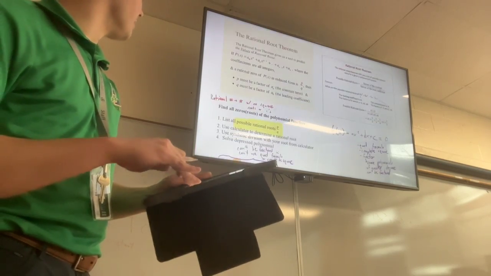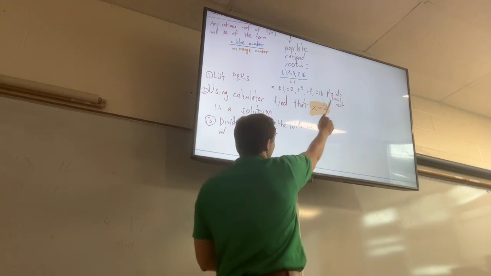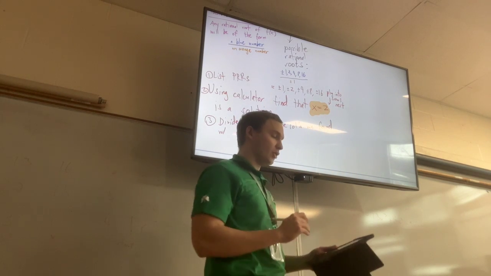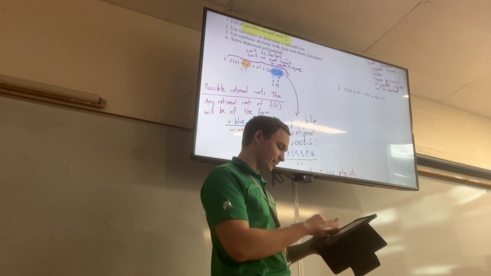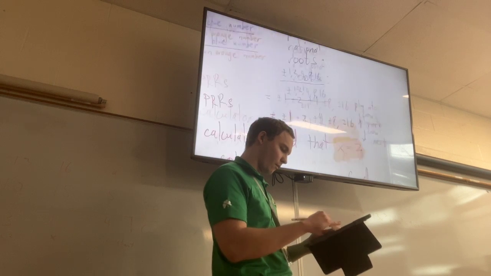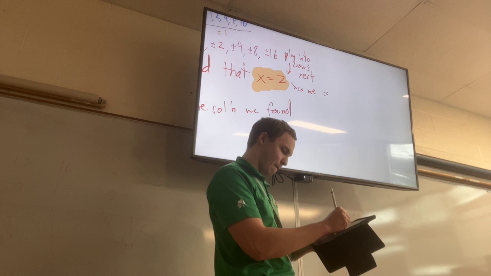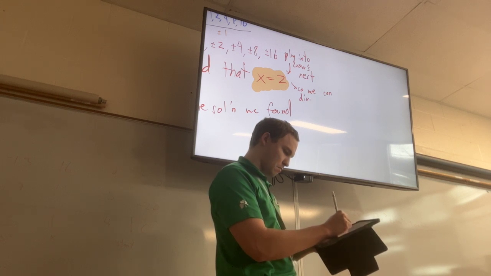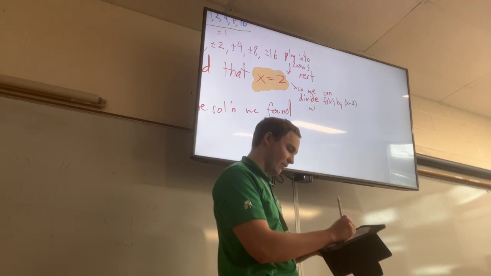All right. So once we find that x equals 2 is a solution, what that means is we can divide f of x by x minus 2 without a remainder.